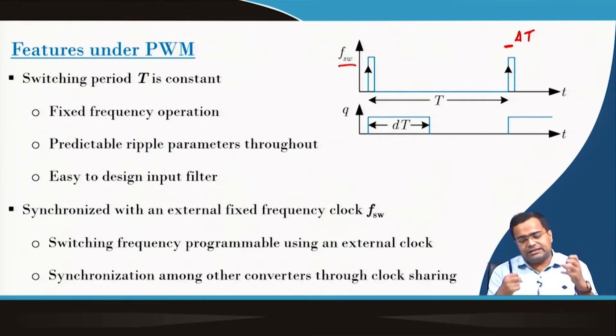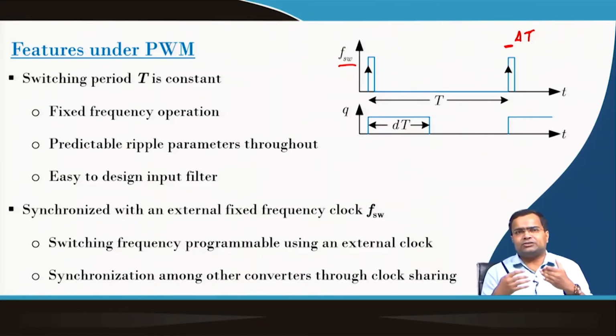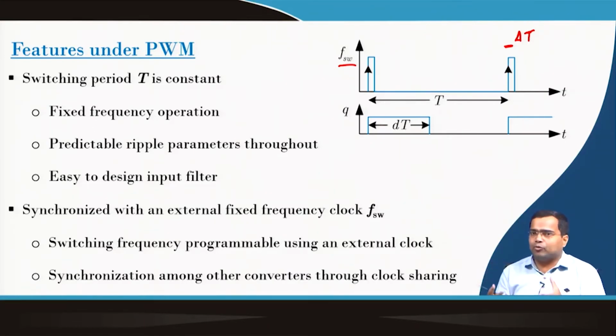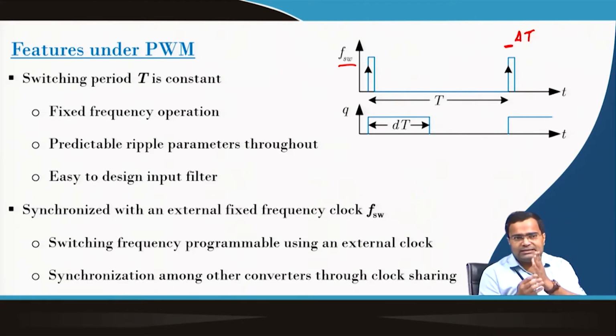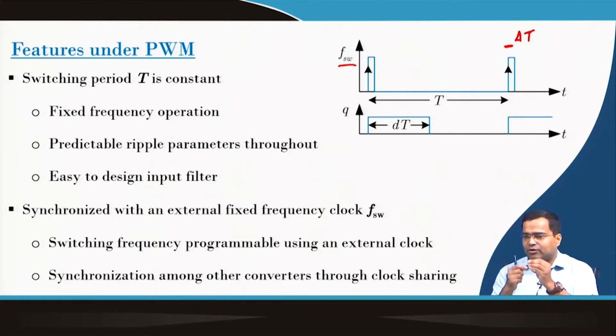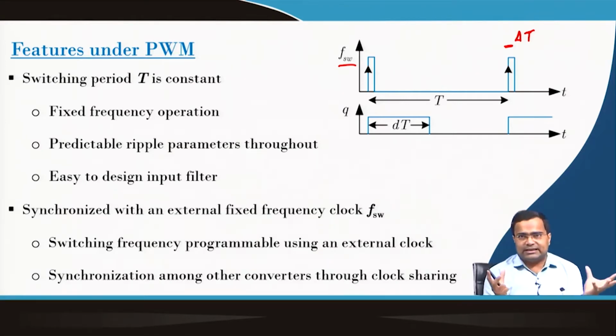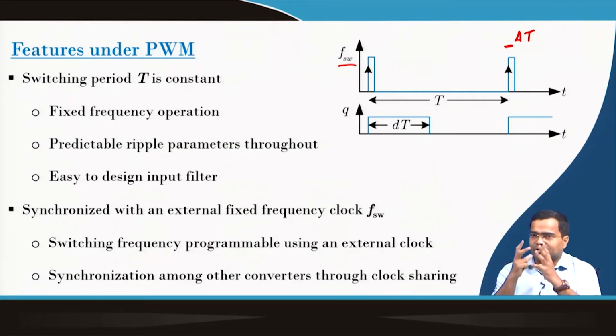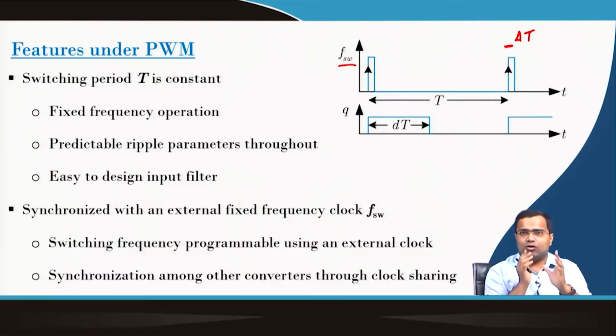So, by using this common clock or synchronization clock, we can synchronize multiple converters in a DC grid architecture, and this architecture is common in many applications, like even in a mobile phone we have a common DC bus like a battery voltage where multiple POLs are connected. So, this is a low voltage DC grid we can think of, where the converters can be synchronized using a common clock.